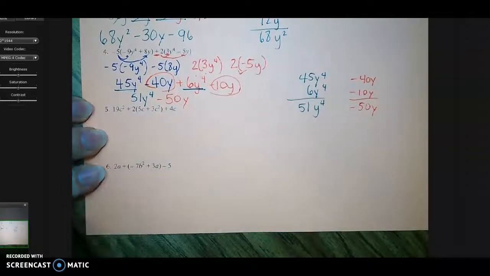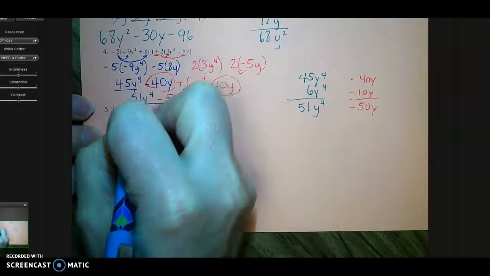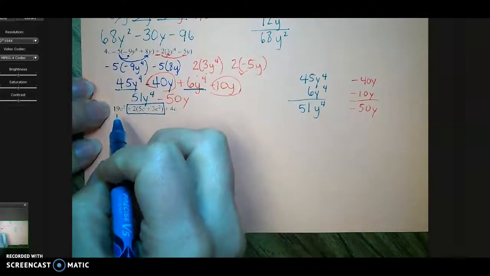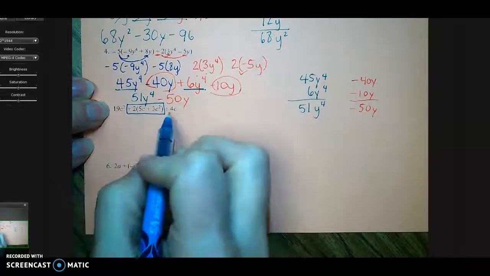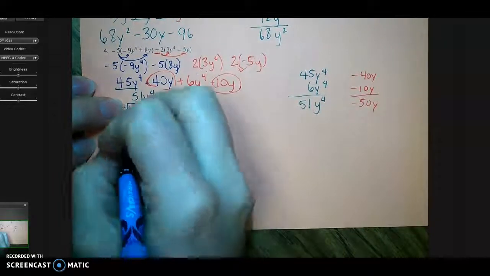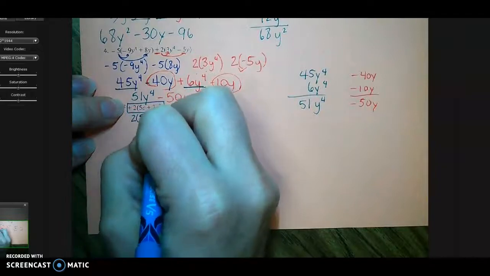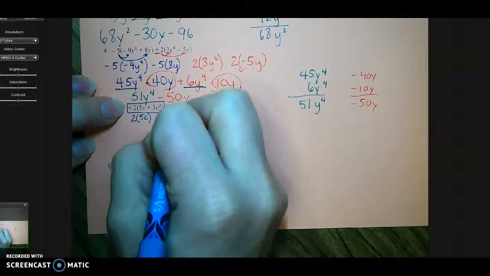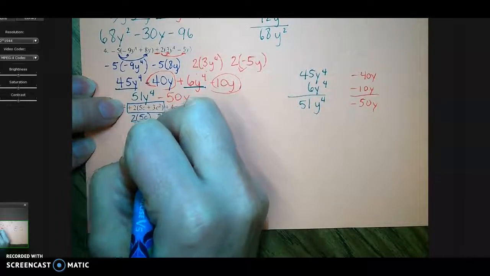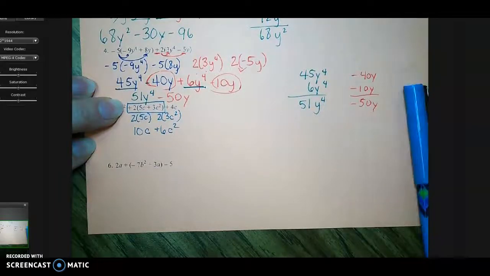This next one, I have the distributive property in the middle of my problem. So I'm going to take care of that, then I'm going to come back and bring in the 19c squared and the 4c and make sure I don't forget to combine those. So I've got 2 times 5c and 2 times 3c squared. That's going to give me 10c plus 6c squared because we're working with all positives here.